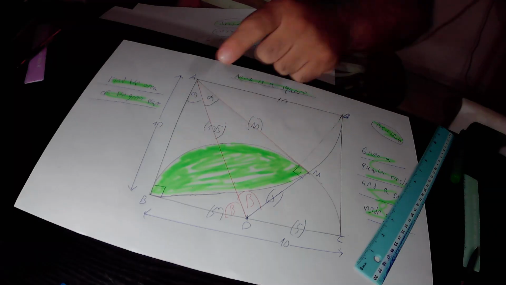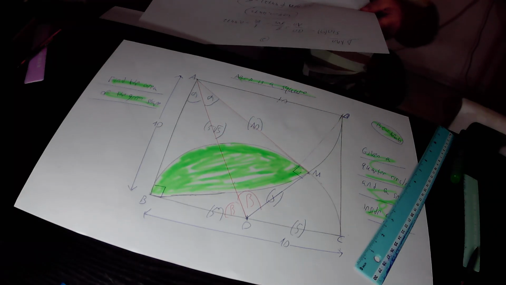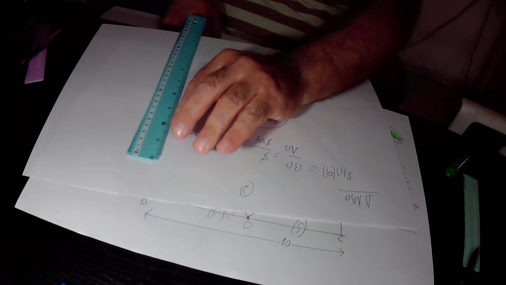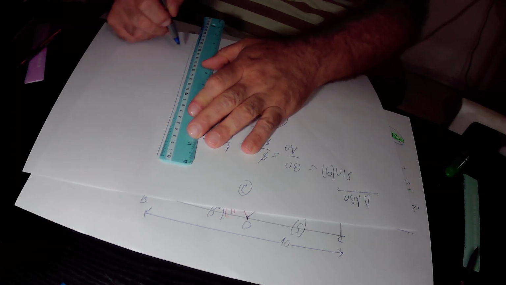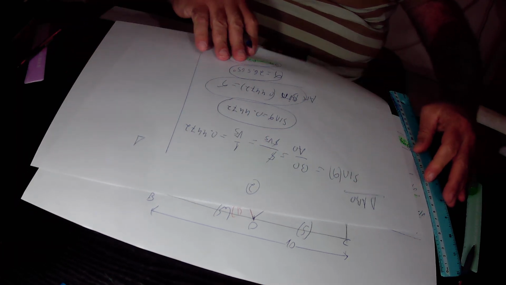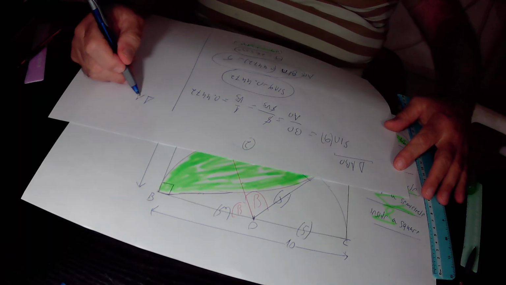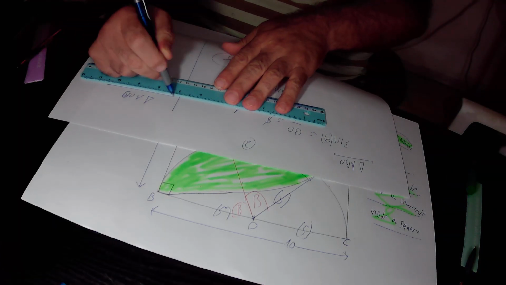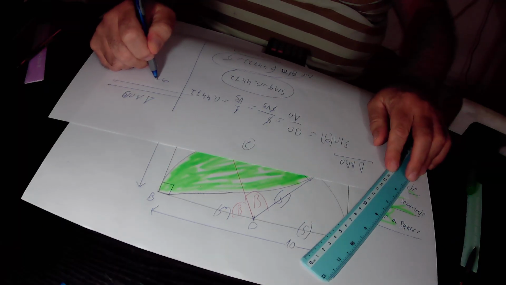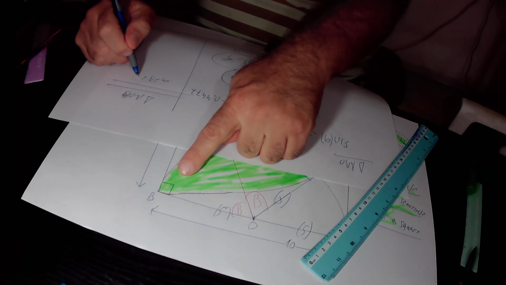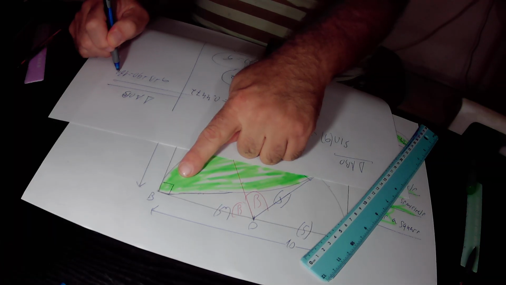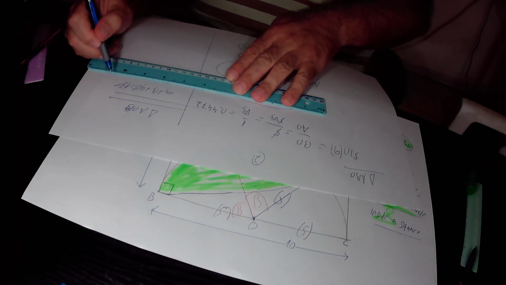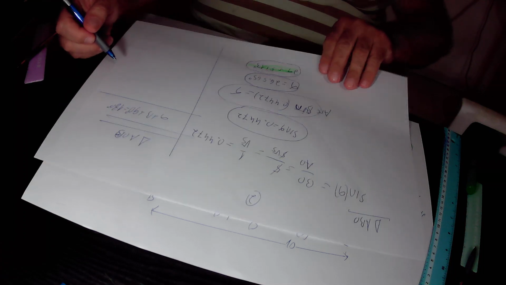So alpha plus beta plus 90 degrees, in total, must be equal to 180 degrees, according to the rule that the sum of the angles in any triangle is equal to 180 degrees. Which angles do we have in the right triangle AOB? We have alpha, beta, and the right angle.